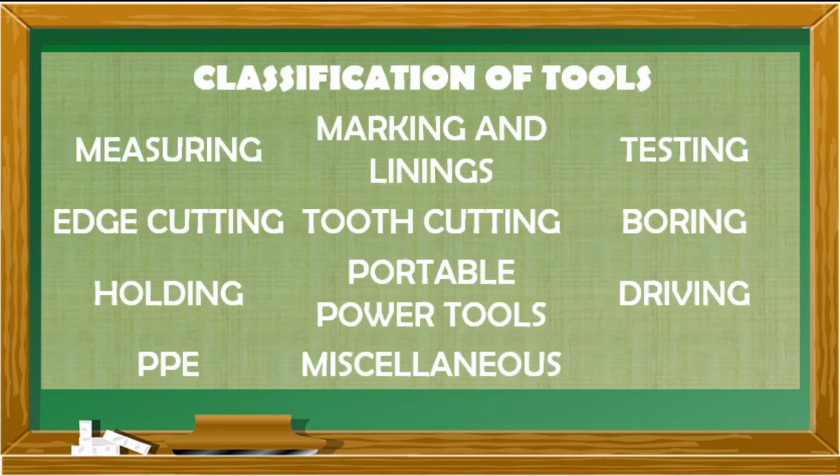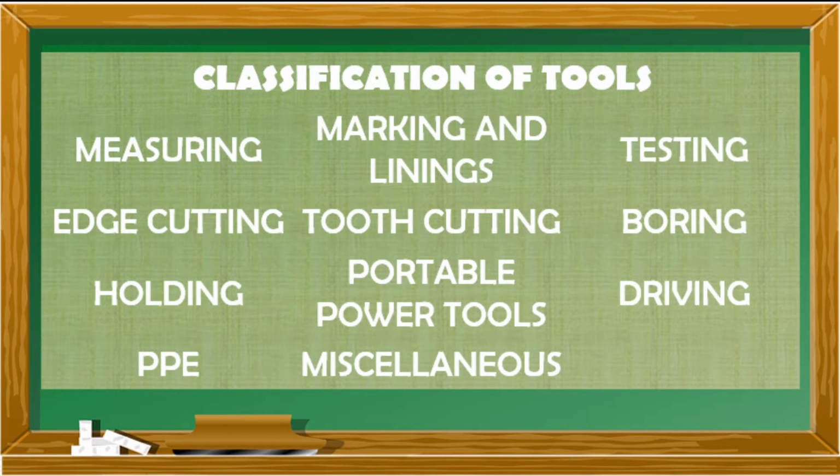We have measuring, marking and lining, testing, edge cutting, tooth cutting, boring, holding, portable power tools, driving, PPE or personal protective equipment, and miscellaneous tools. So these are our tool classifications.